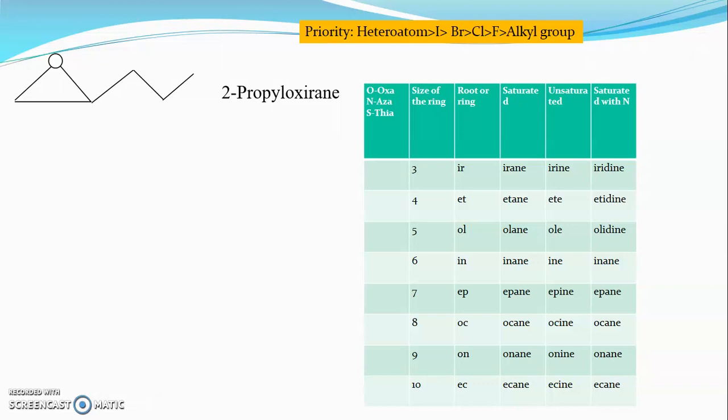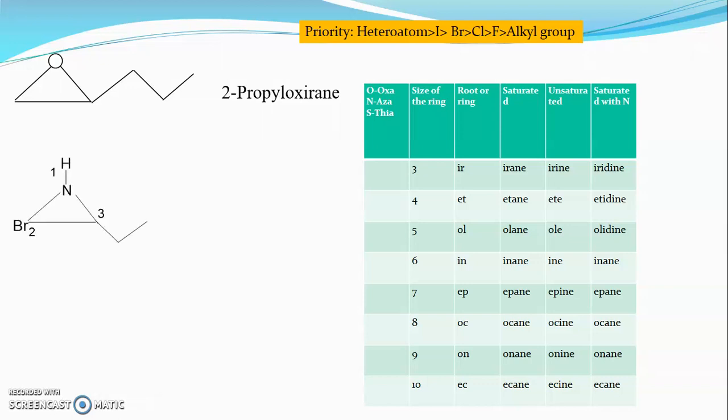You have to give the name as oxa plus irane, so it's oxirane, and you have to give the substitution also. First I suggest you keep your ring name ready. Just focus on what kind of heteroatom is there, whether oxa, aza, thia, then depending upon the saturated or unsaturated ring type and the number of members, 3, 4, 5, be prepared with that ring, and then later think about the substitution.